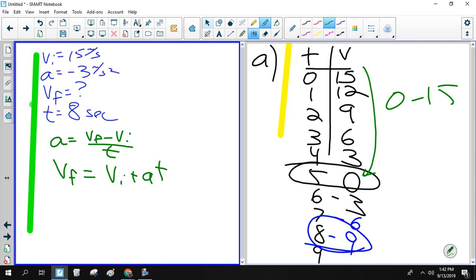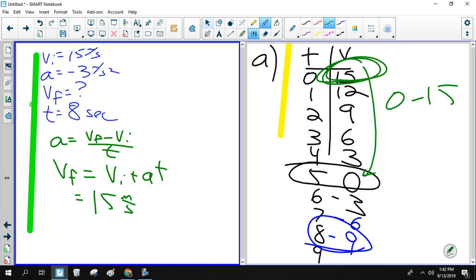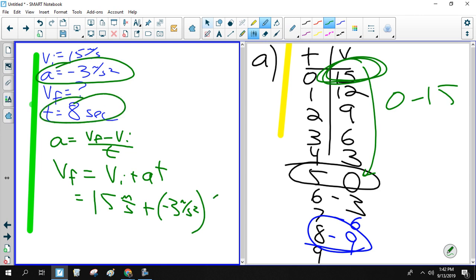So let's plug in our numbers. What's my initial velocity, you guys? 15. Oh, look, my initial velocity was 15. And then it accelerates, so the velocity decreases by 3 every second for 8 seconds.